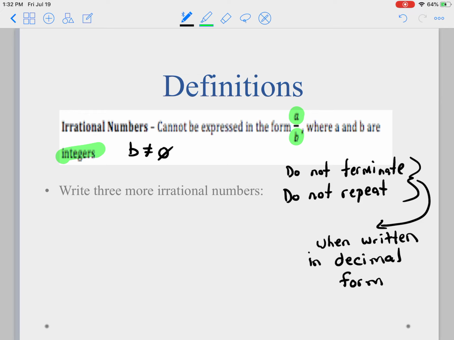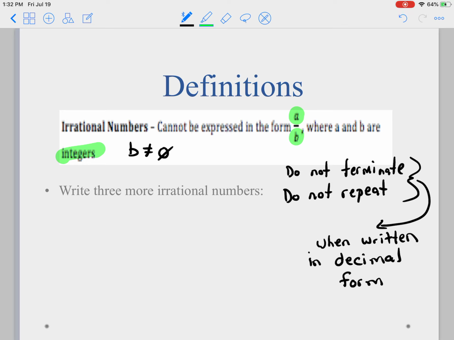So if we were to take 2 integers and we were to divide the integer A by the integer B, we would not get a decimal that is nice and friendly and terminates or repeats.